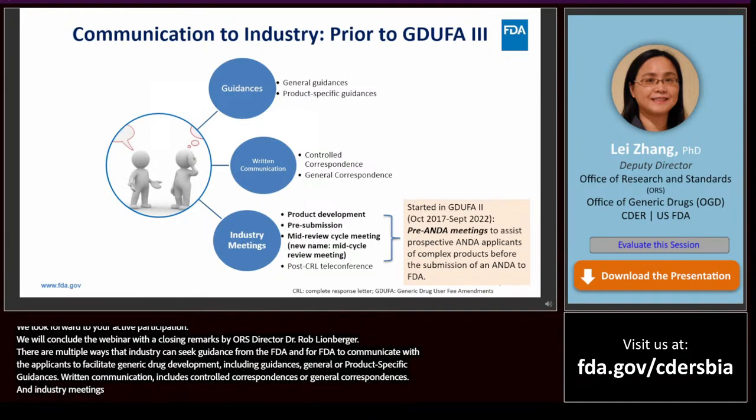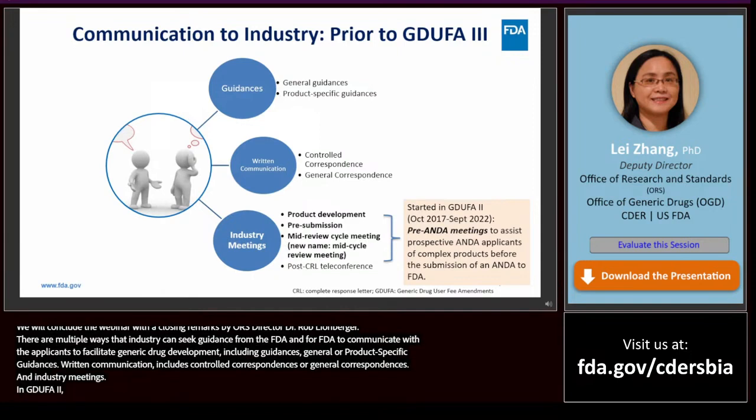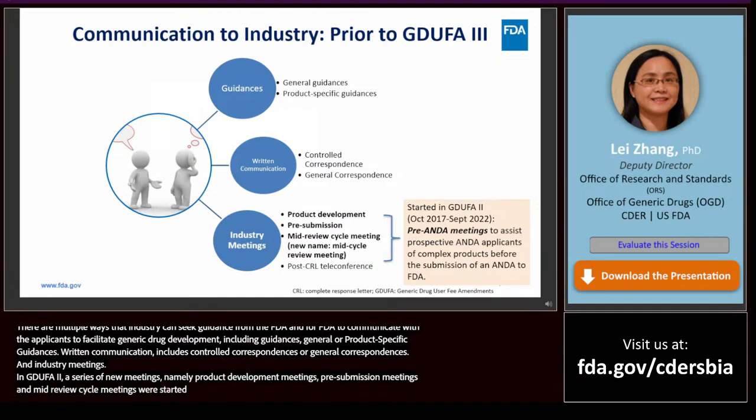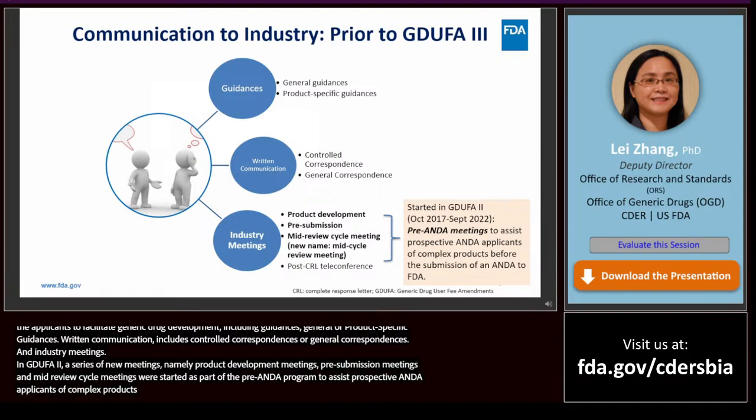In GDUFA II, a series of new meetings, namely product development meetings, pre-submission meetings, and mid-review cycle meetings, were started as part of the pre-ANDA program to assist prospective ANDA applicants of complex products before the submission of an ANDA to FDA.